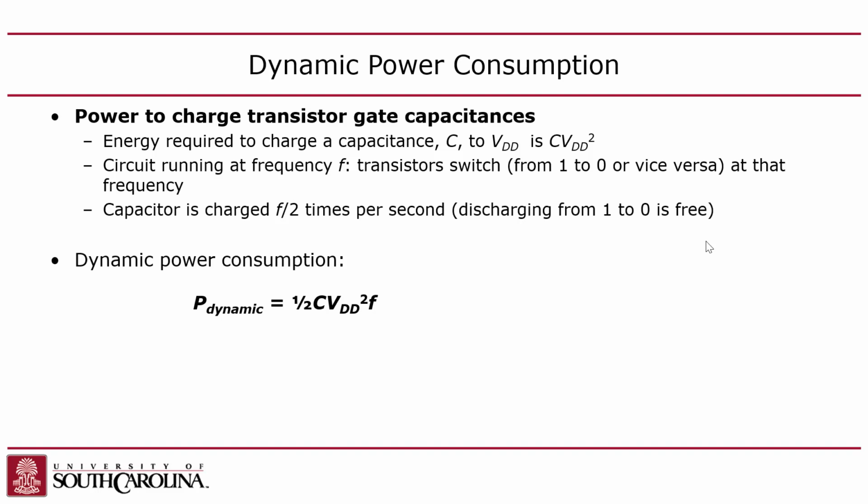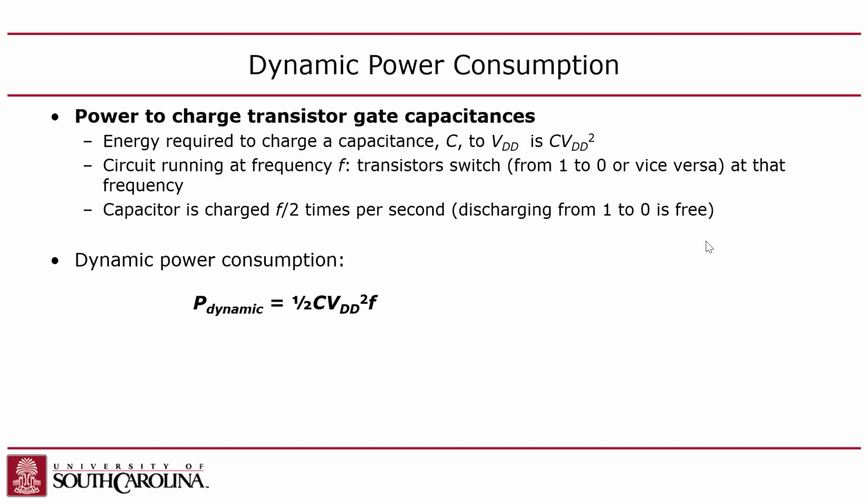If you want to convert this to power, you have to measure it through time, right? So if you have the voltage and the capacitance and the frequency, that's the frequency at which you're charging, then if you multiply the frequency times that C VDD squared, you get power, in watts, right?